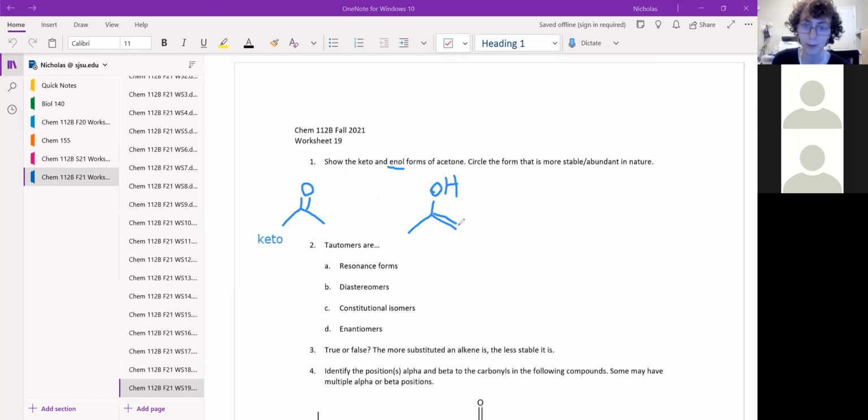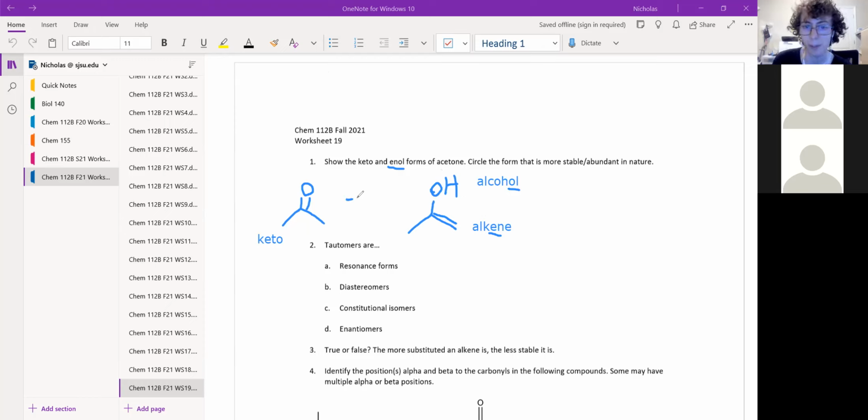So it should look something like this. Because it has an alkene, that's where the ene part of enol comes from. And then it has an alcohol, so that's where the OL part comes from. If that helps you remember, then just think about that. The functional groups explain the name of it.